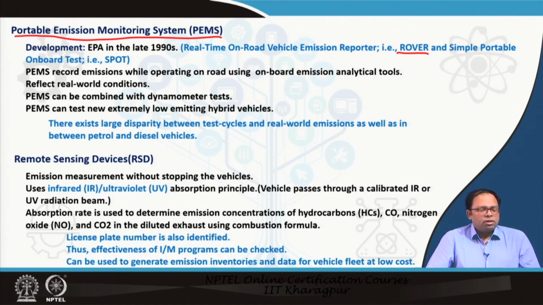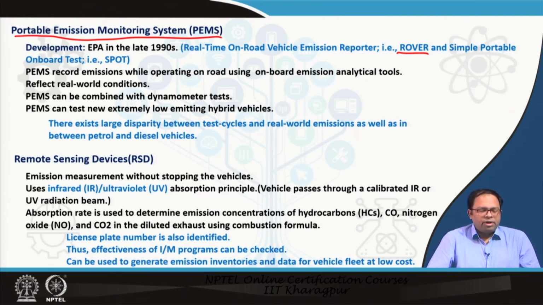So finally, we have certain other methods called remote sensing devices. Here we don't measure actual tailpipe emissions. We do this test without stopping the vehicles. We set up beside the road.